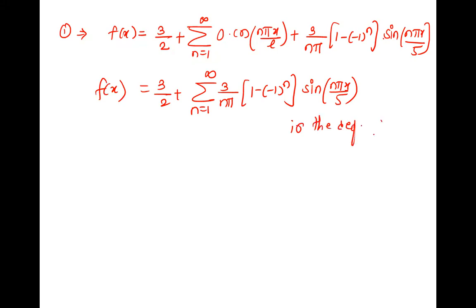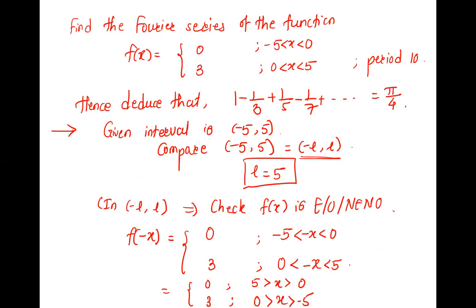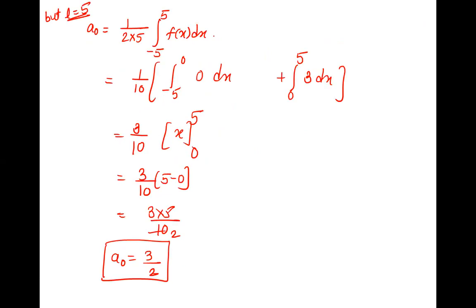on the given interval. Okay, is there any deduction? Yes, it is there, right. So deductions, if you look, it is open. Yes, it is open. So you can open the series up. Open that series.